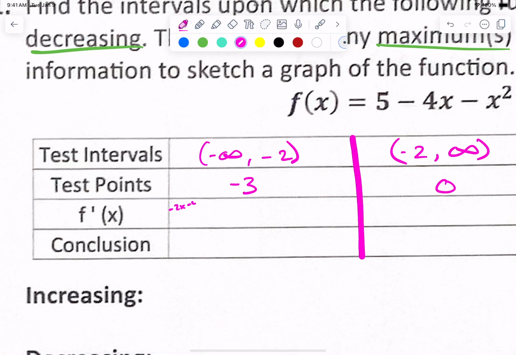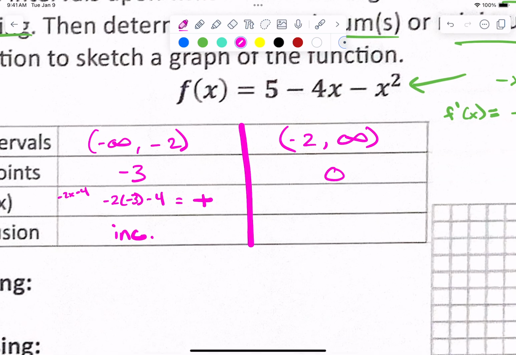Negative 2 times negative 3 minus 4 is positive, so it is increasing here. And plugging in 0: negative 2 times 0 minus 4 is negative, so it is decreasing.